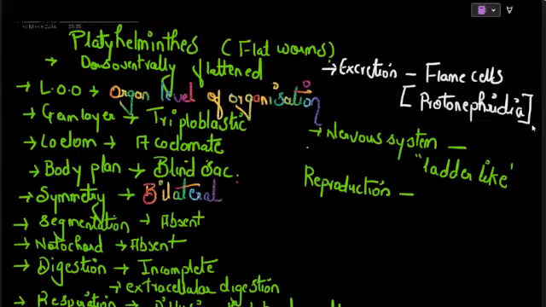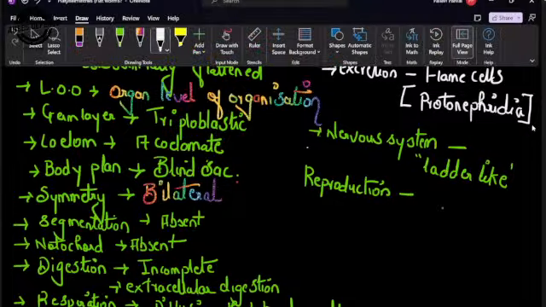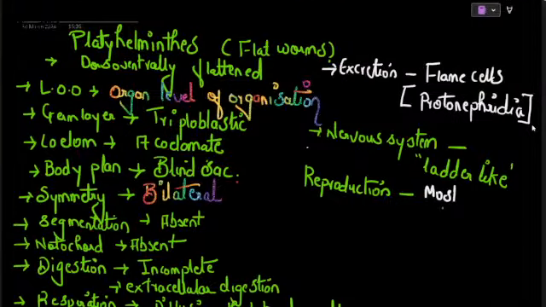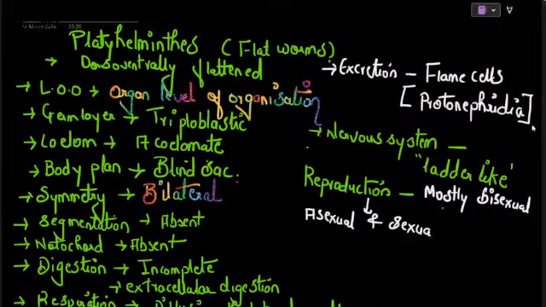Mostly bisexual. And type of reproduction? Sexual and asexual. Fertilization. Yes, internal.